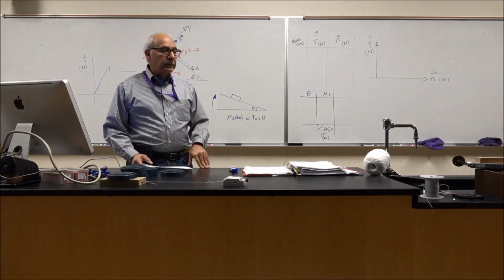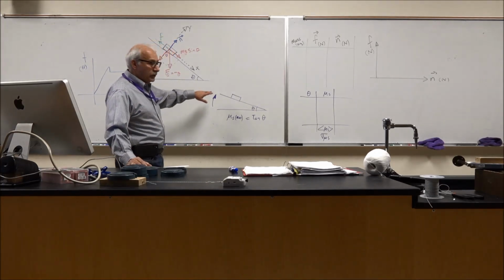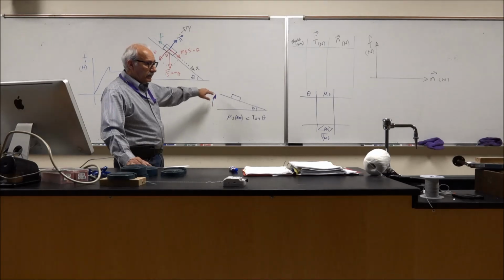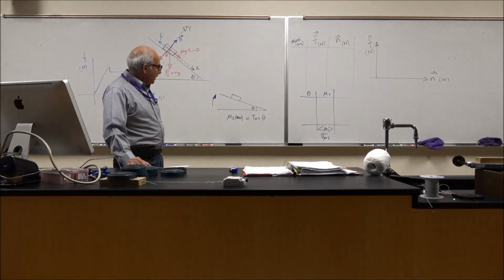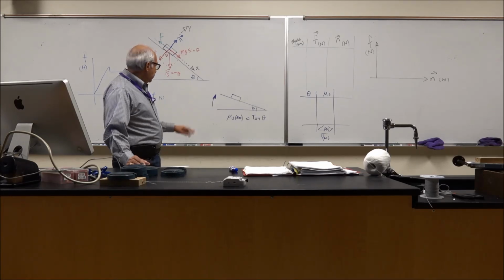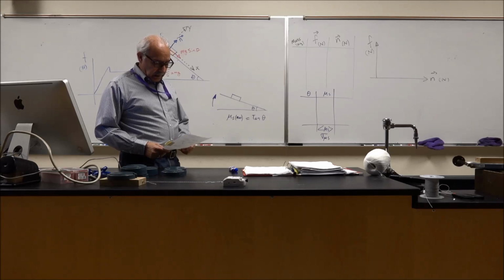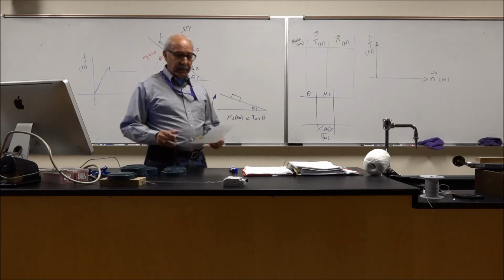But before that, you have the coefficient of static friction while the block is stationary on the slope. So then we're going to take data for different angles. So this is the first part, okay?